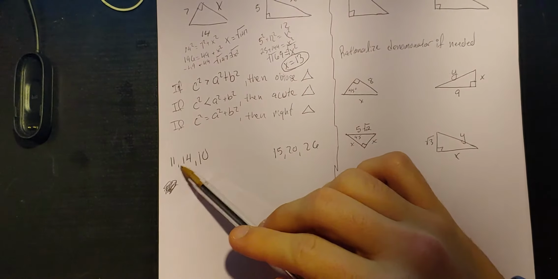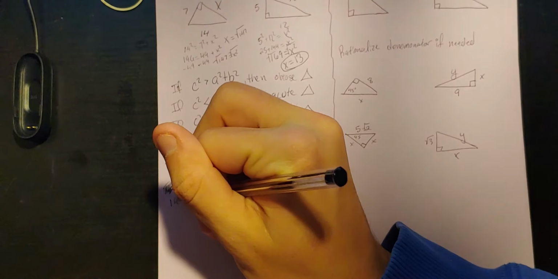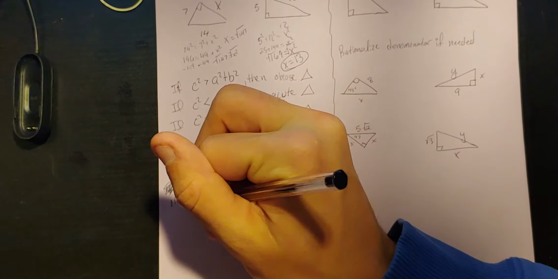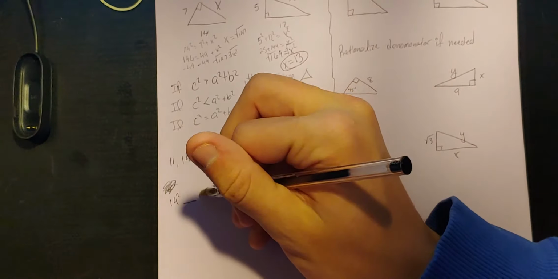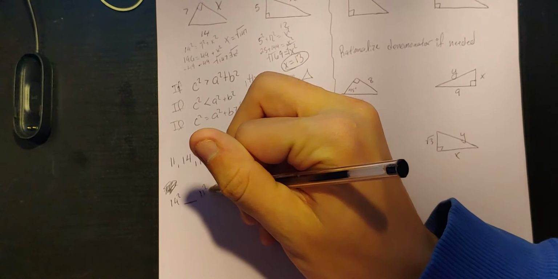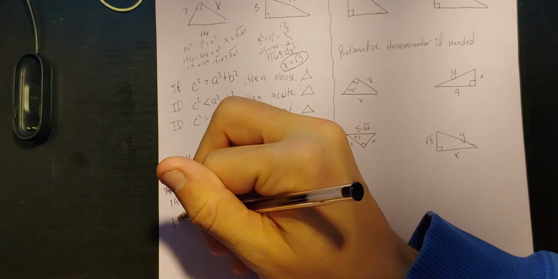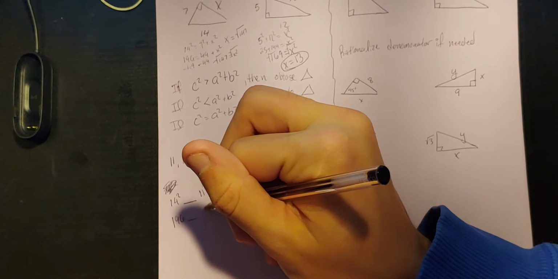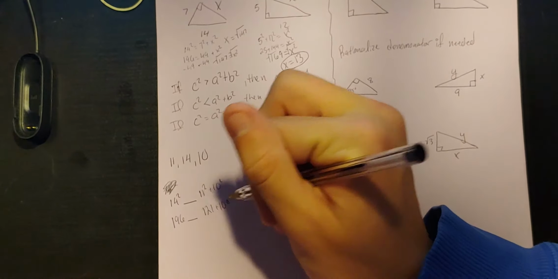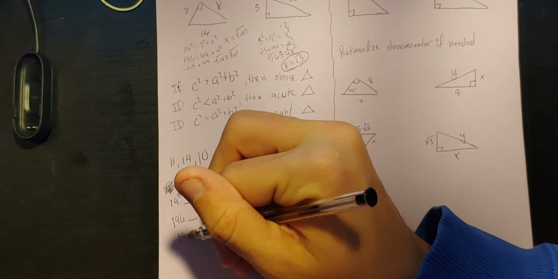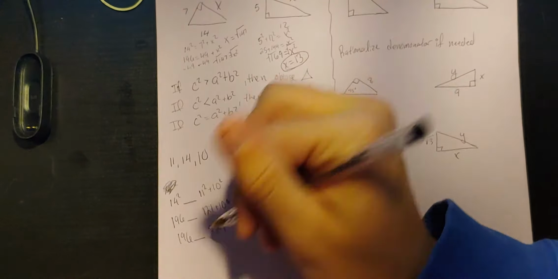Our longest side is always going to be our c squared. So 14 squared, and I'm going to leave a little blank spot right there because we don't know if it's bigger or smaller, 11 squared plus 10 squared. So 196, and then we have 121 plus 100, which is 221.